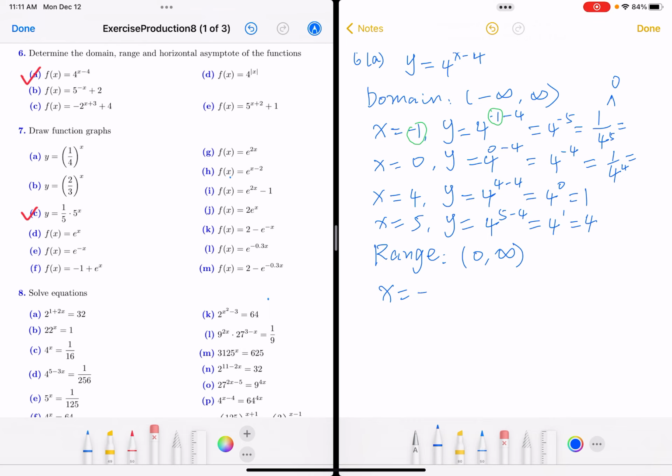Okay, so let me put -3 here. Then you have y equals 4 to the -3 minus 4. That's 4 to the -7. That's 1 over 4 to the 7th. This number is still greater than 0, no problem. But this number is very small.